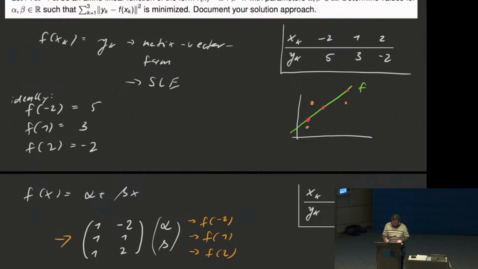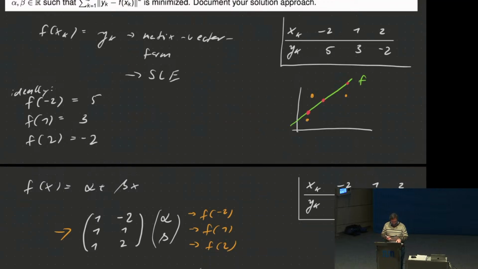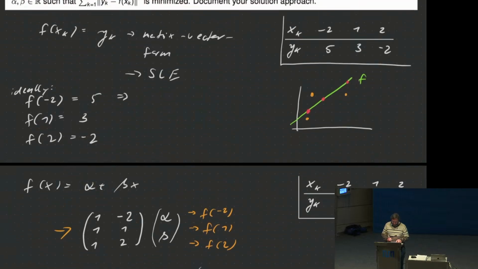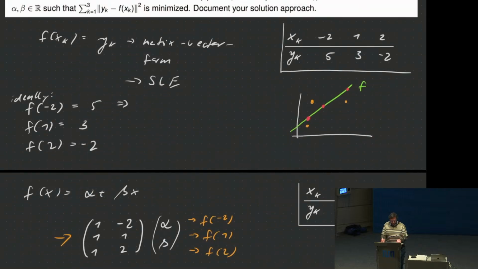Okay, to do that, I'll reformulate that such that I can solve a system of linear equations. Basically, what I'm doing is substituting those points into my equation. So again, f has the form alpha plus beta x.